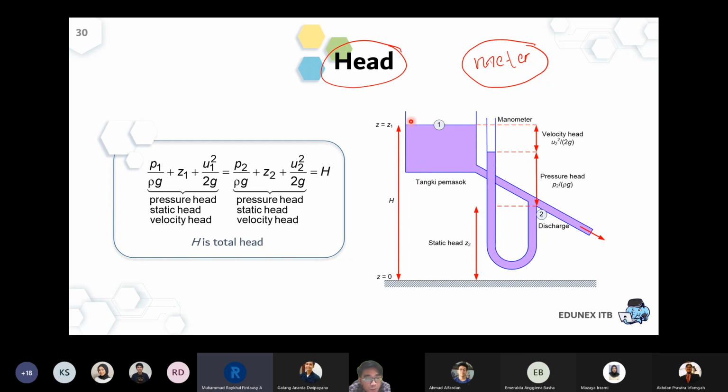Then it has a certain position from the baseline. At the baseline, z equals 0. And then Z1, the head of position 1, is calculated from the water surface until the baseline.